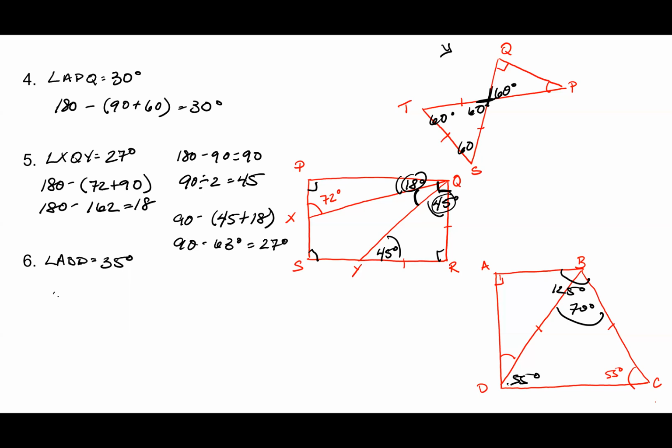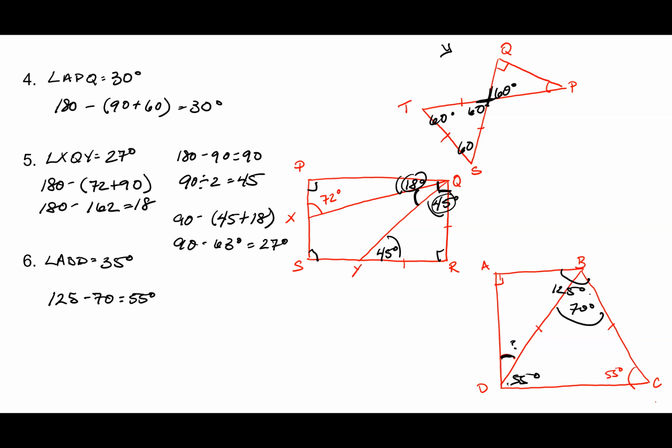Okay, so let's see, 125 minus 70, and you got... Hang on just a second. Did I mark the right angle for us to find? Oh, this is what we're finding down here.